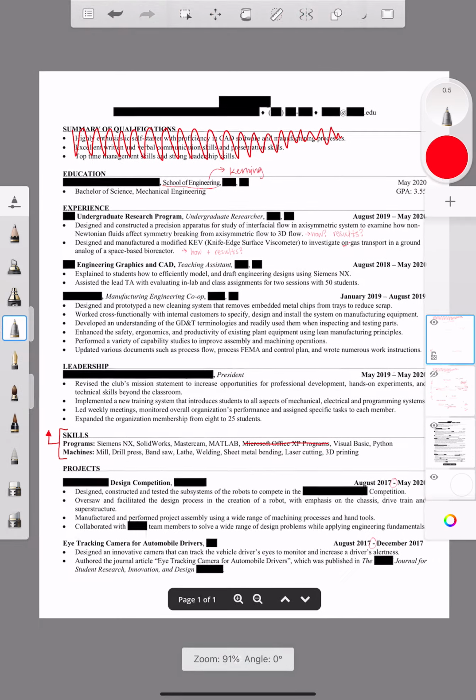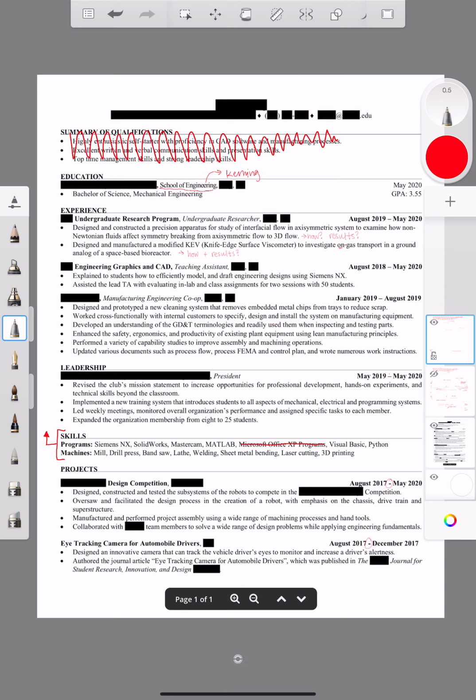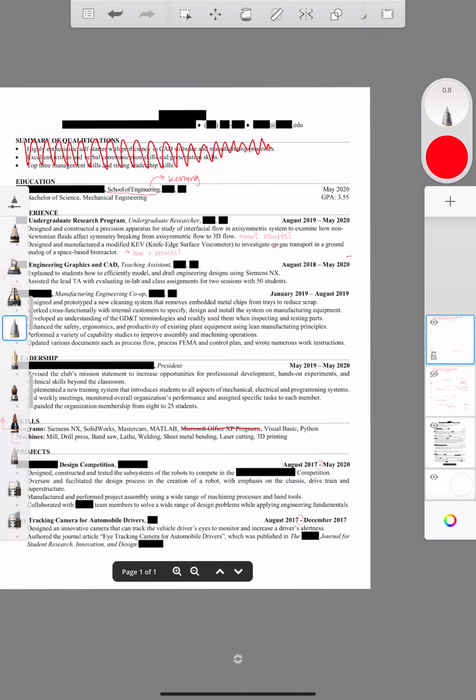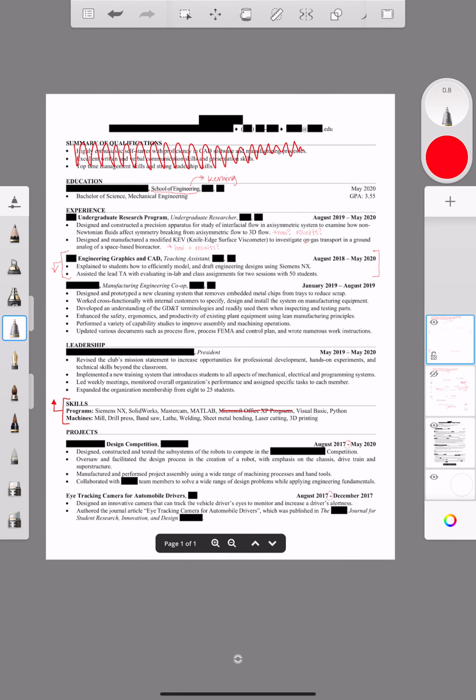Now, the second item, this teaching assistant position. Teaching assistants are fine to list on your resume, especially if you need some more substance, if you don't have a bunch of projects or anything. But it really needs to go towards the bottom, because this person listed their positions chronologically.